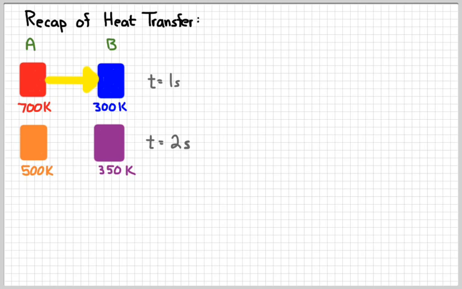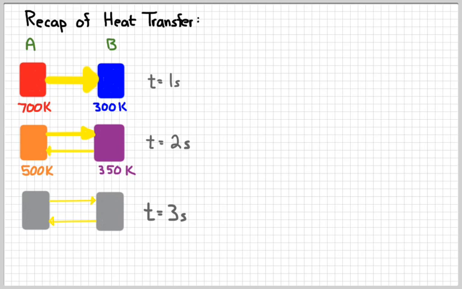They're most likely not. To kind of continue the picture, we still have a substantial amount of energy going from A to B, but not as much as before because we've got some small amount of energy being transferred from B to A. So the net effect is that the amount of heat transferred is less in the second second than it was in the first.